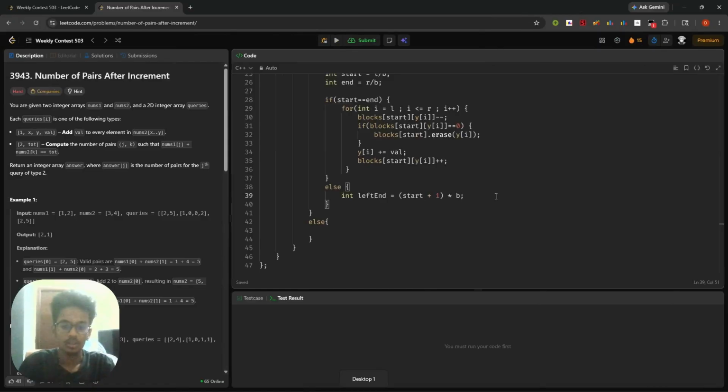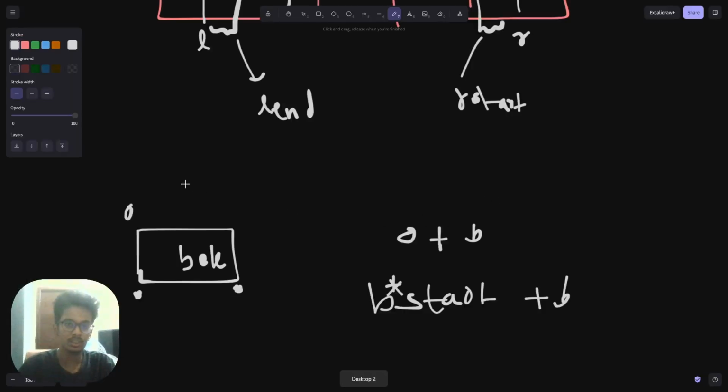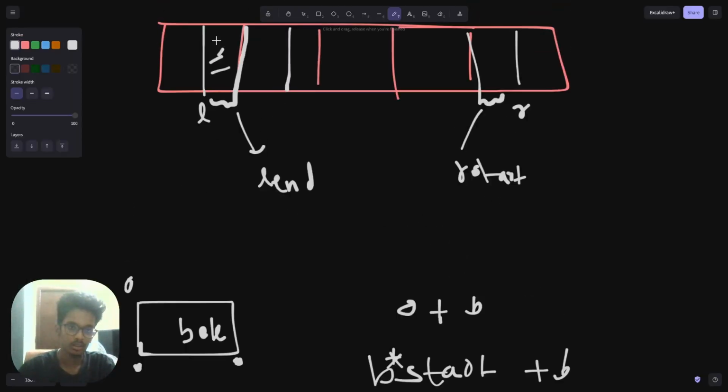Next, what else do I need to figure out? I also need to find out the right hand, but before that, let's brute force from left to left hand. That means this part. We need to brute force this part.